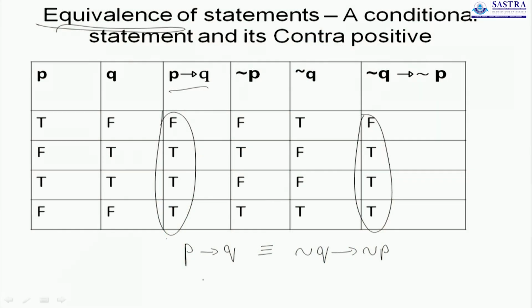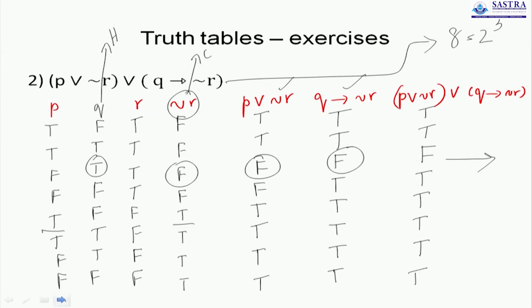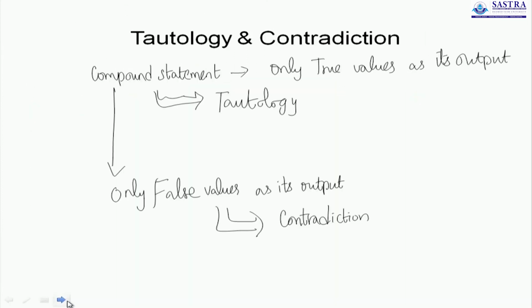You say that they are equivalent, because this is what column 3 corresponded to and this is what column 6 corresponded to. They are found to be exactly equivalent because their columns are identical. They have 100% match, and that is what we see in this slide also.